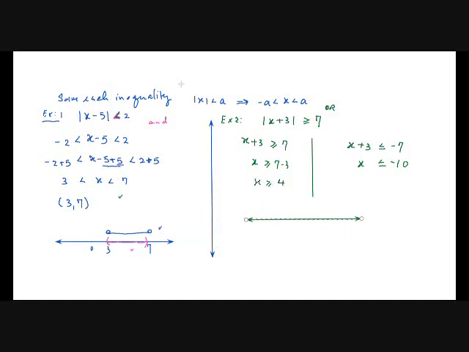Assume my 0 is right here, so my 4 should be here. So x greater than or equal to 4. You see it has an equal sign, right? So on the number 4 here, it should be a filled dot. And because it's greater than, you draw the arrow to here.